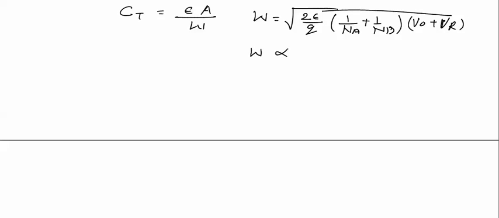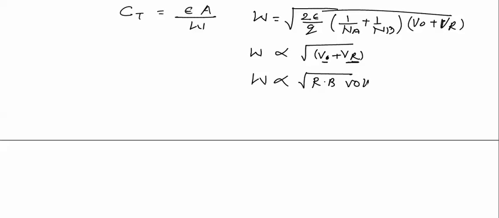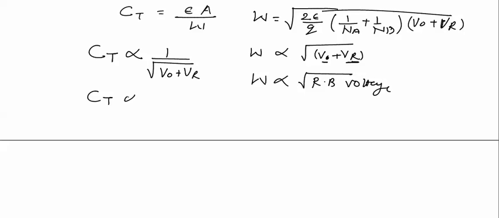Here W is directly proportional to V naught plus VR, and since VR is very much greater than V naught, W is directly proportional to the root of the reverse bias voltage. So CT is inversely proportional to the root of the reverse bias voltage.